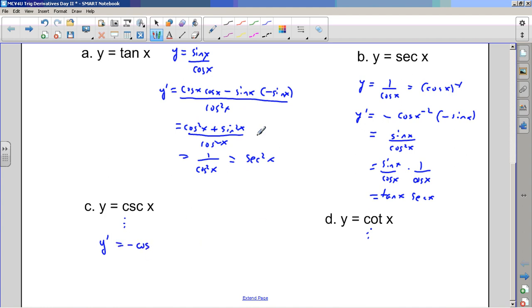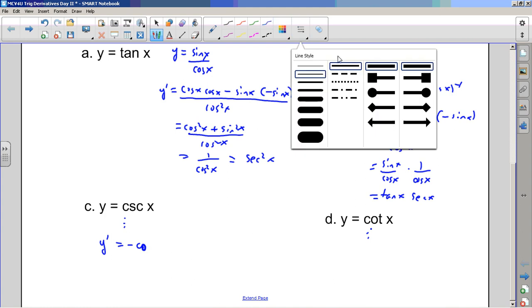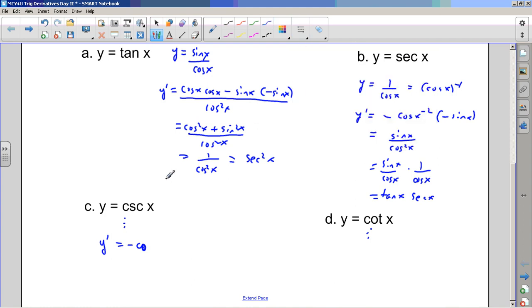Derivative of cosecant is cotan x cosecant x. There's some pattern there, right? And the derivative of cotan is negative cosecant squared x.